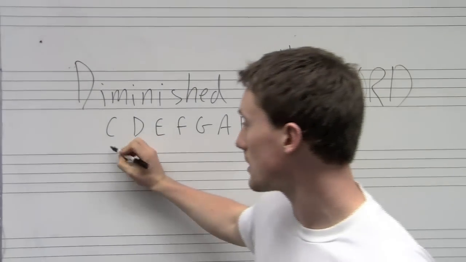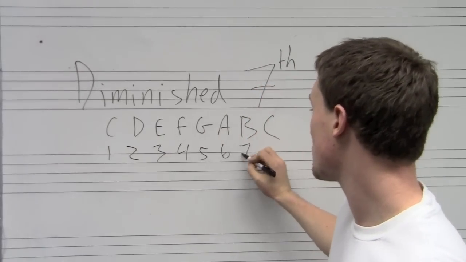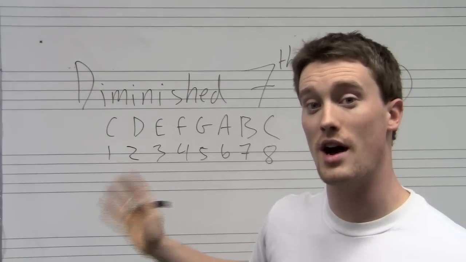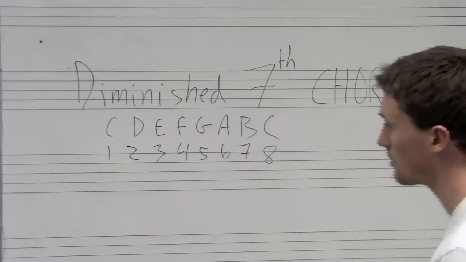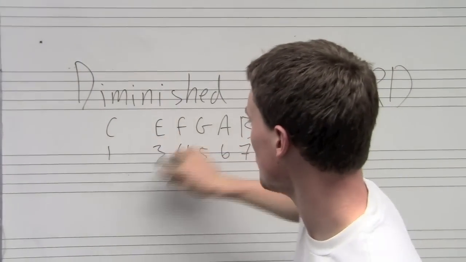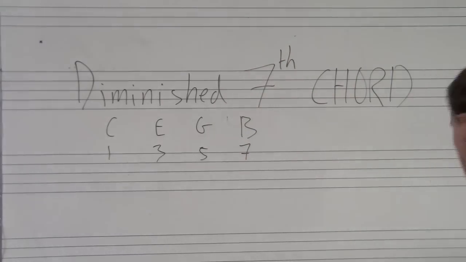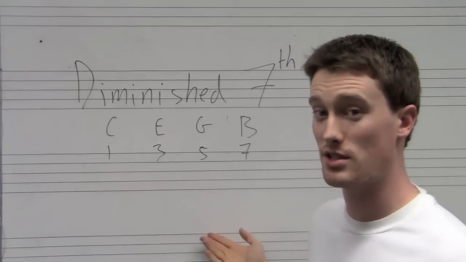So you put down the scale degree numbers, 1, 2, 3, 4, 5, 6, 7, and 8. Now you want 1, 3, 5, and 7, but then you alter them, okay? So get rid of the other ones first. So get rid of the 2, get rid of the 4, get rid of the 6, and get rid of the 8. So if I kept it that way, that's going to be a C major 7th, okay?